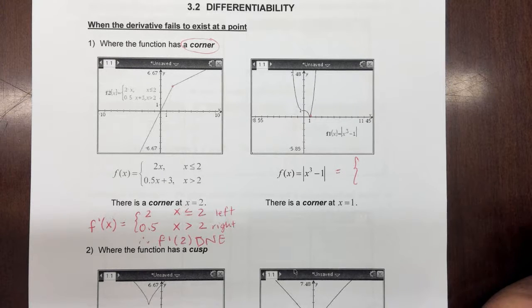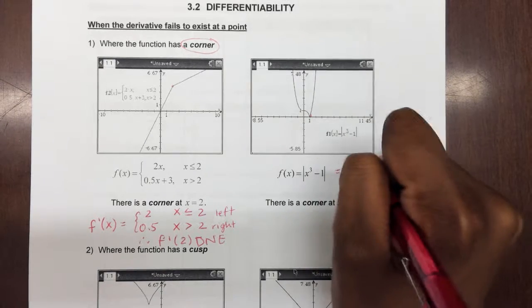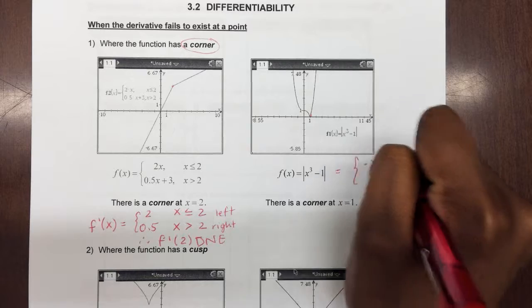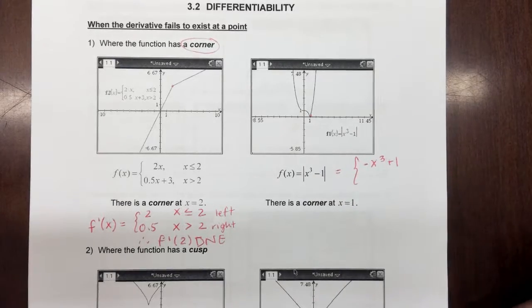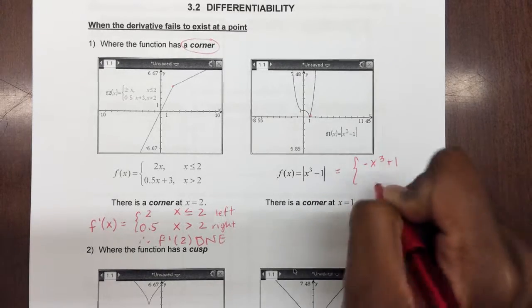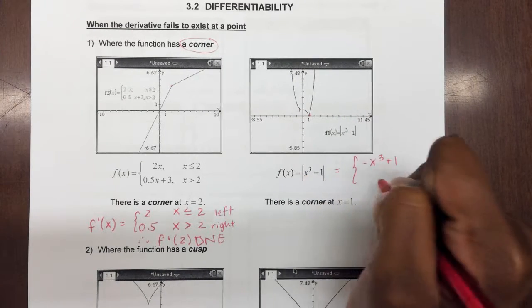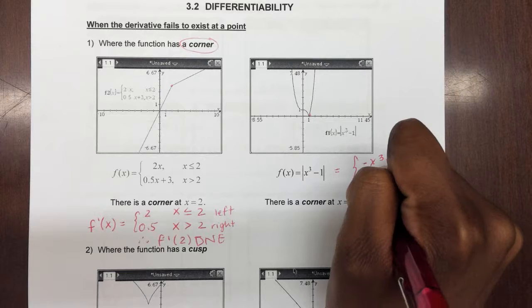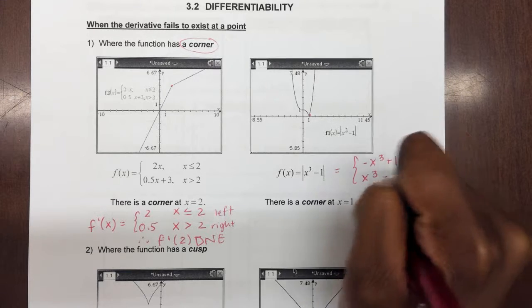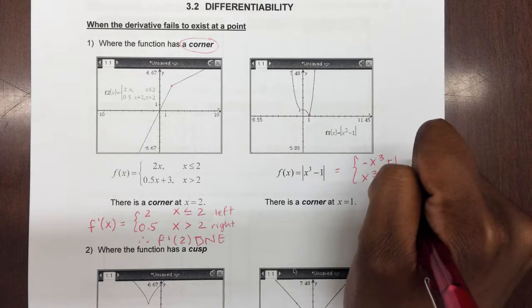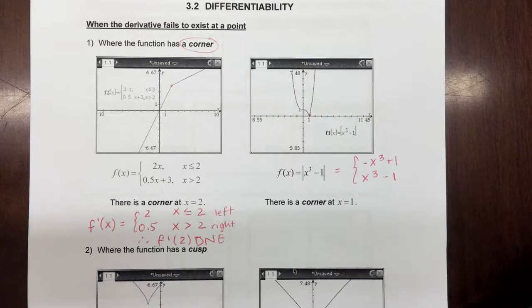Okay, so we are looking at negative x cubed plus 1. That's one side of our absolute value equation. We negate everything on the inside. And then the other side would just be exactly what the inside is, so x cubed minus 1.